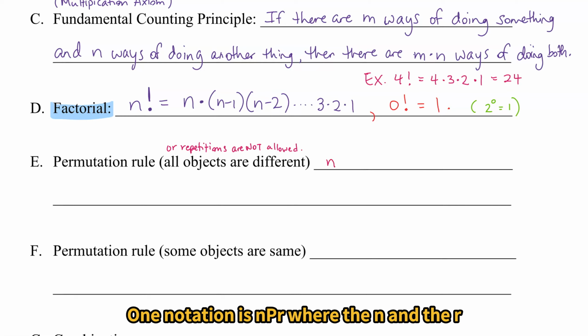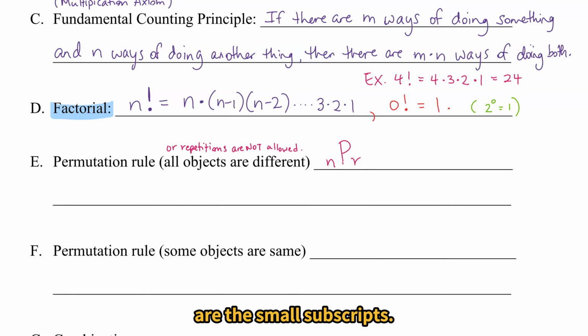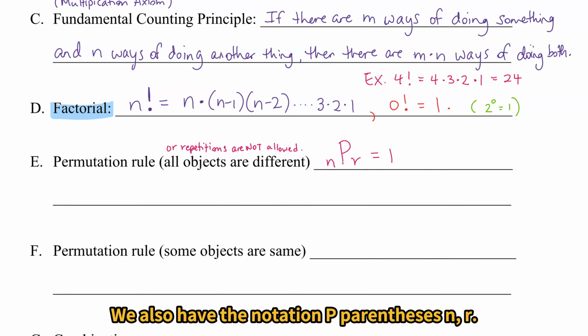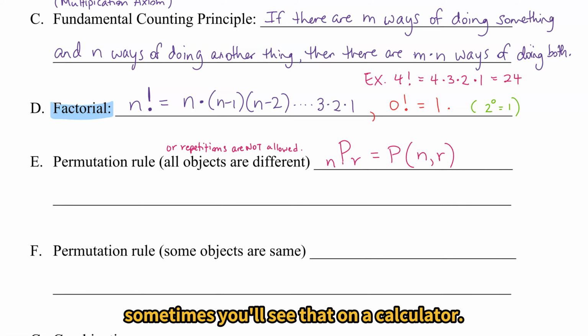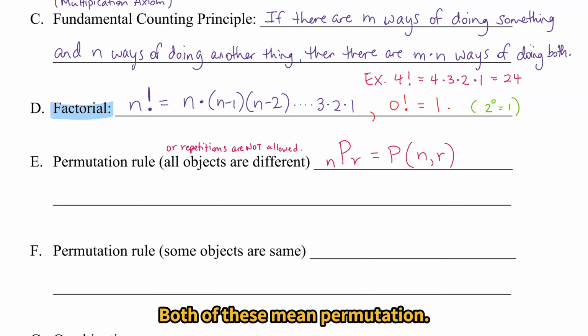One notation is nPr, where the n and the r are small subscripts. We also have the notation P(n, r). Sometimes you'll see that on a calculator. Both of these mean permutation.